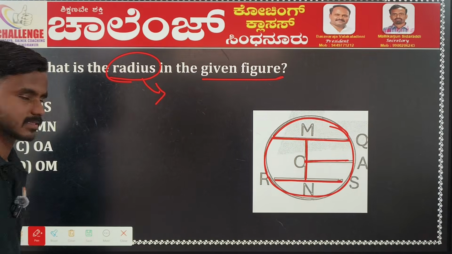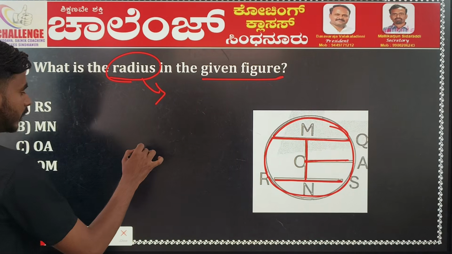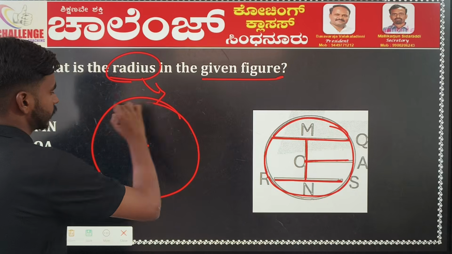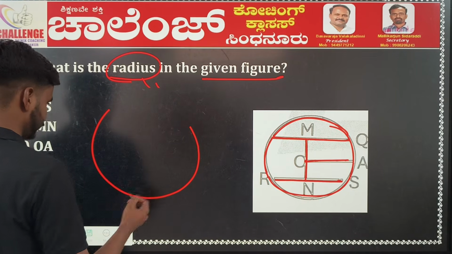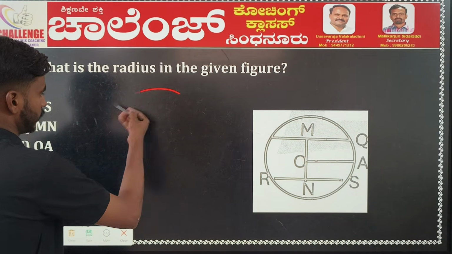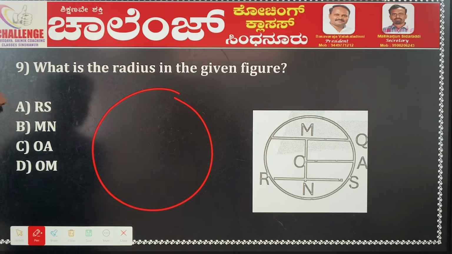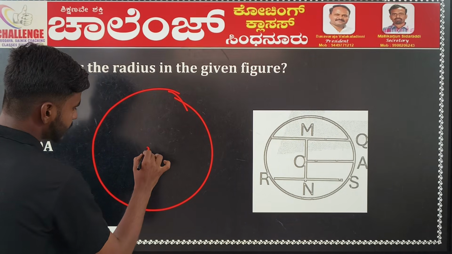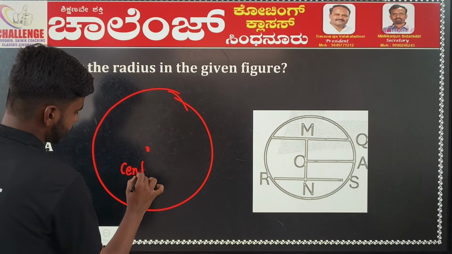What is a radius? Suppose we have a circle. This is a circle. A circle always has a center.